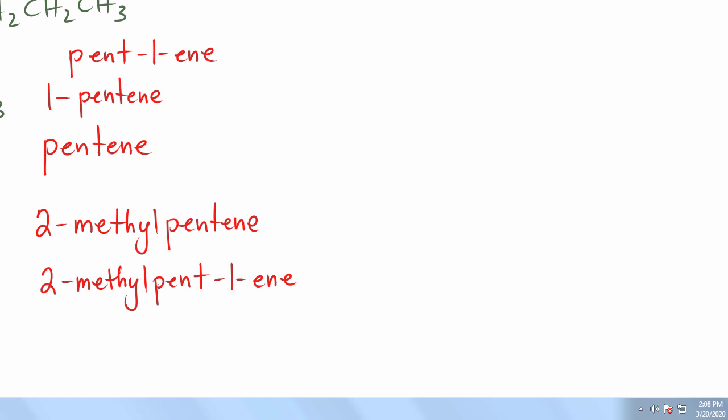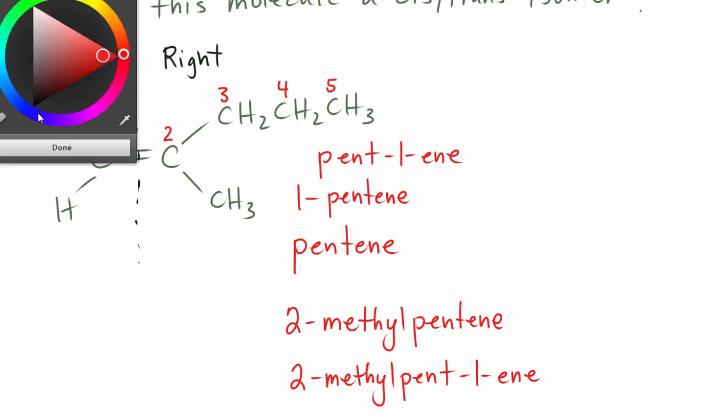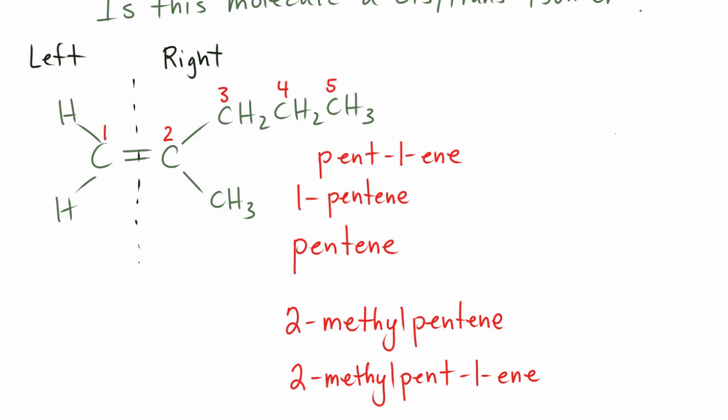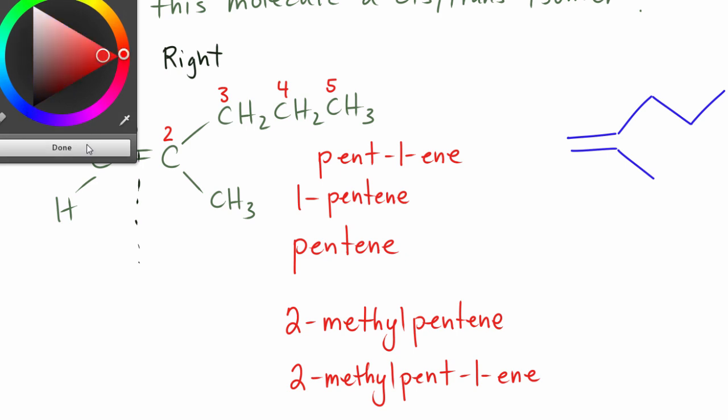expanded Lewis structure, expanded Lewis / condensed structure as a line angle structure. How would we do that? We would have a double bond, CH2, CH2, CH3, and we would have a CH3 like that. Okay? Now let's number our carbons.